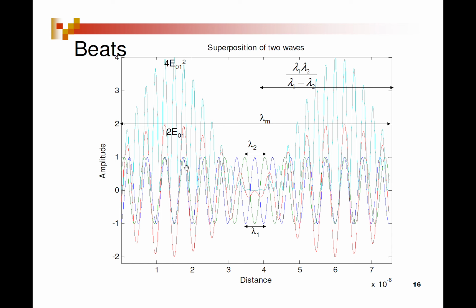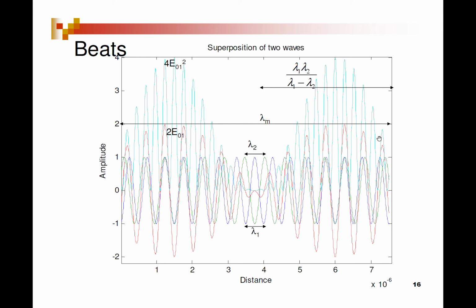Here's the case. We have two waves, and then the outcome is the red one, and this azure sky color. So the red is the electric field, and this cyan color is the irradiance.